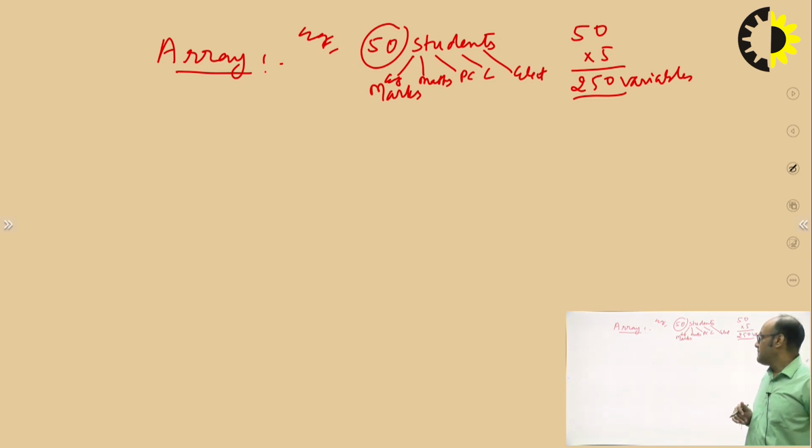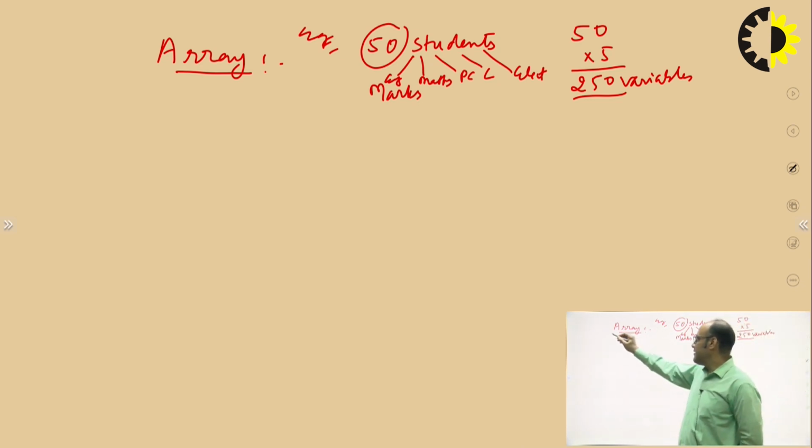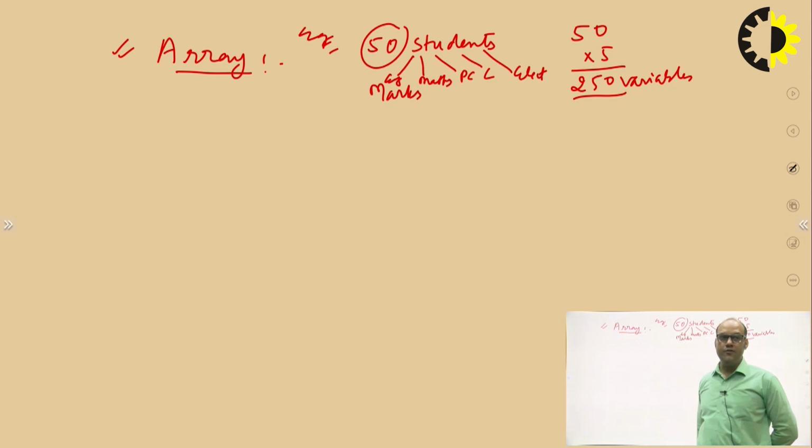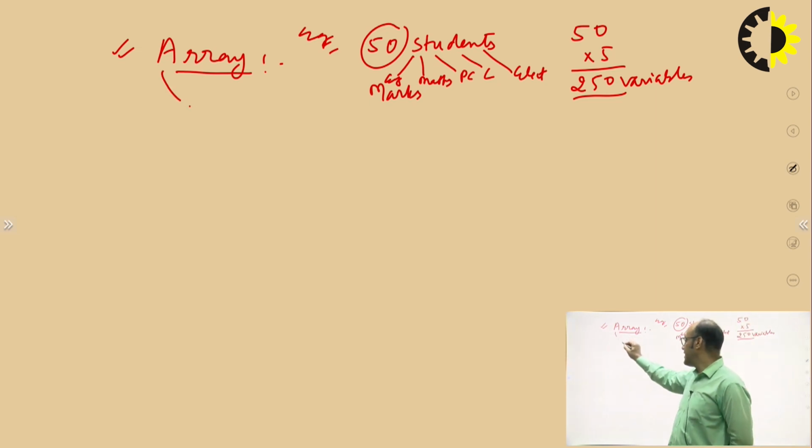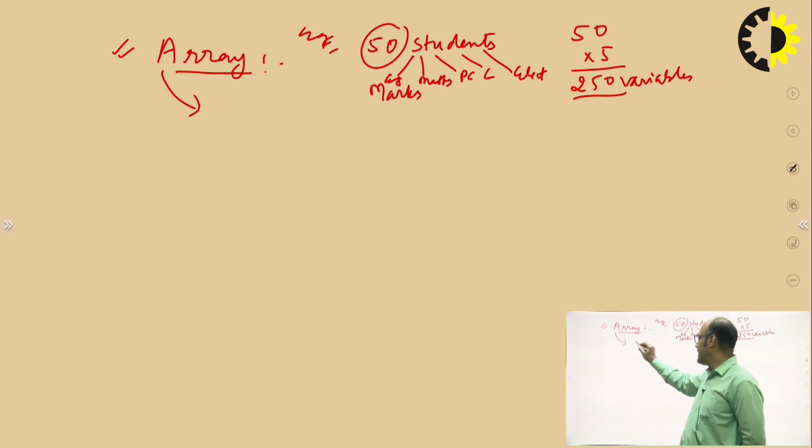So there is a good alternative: we just declare an array of 50 students. I define an array like this. For example, I need to keep the name of the student, so a char type variable.